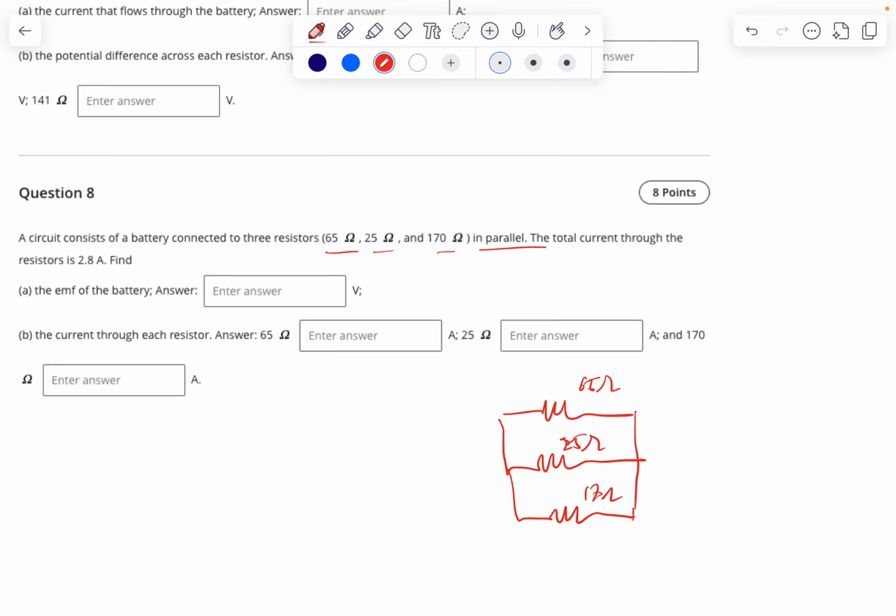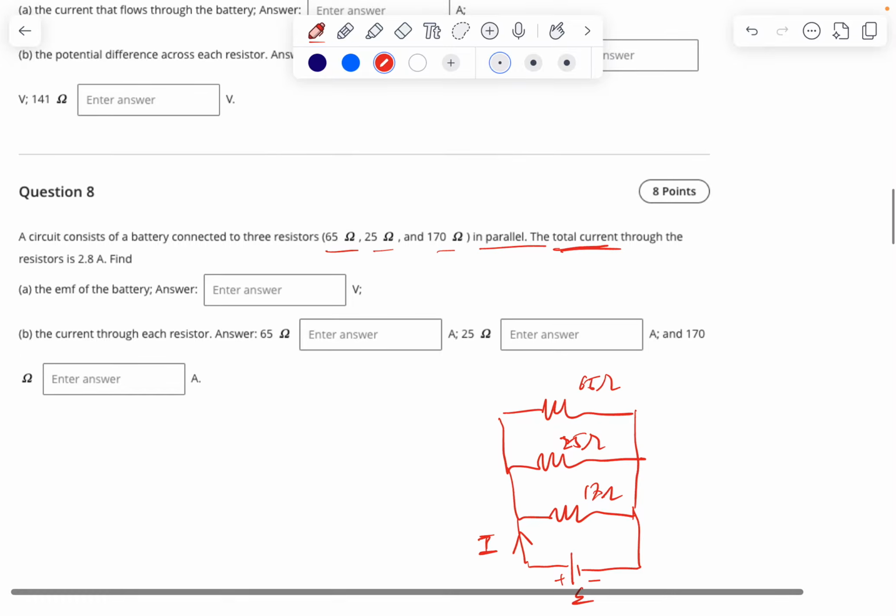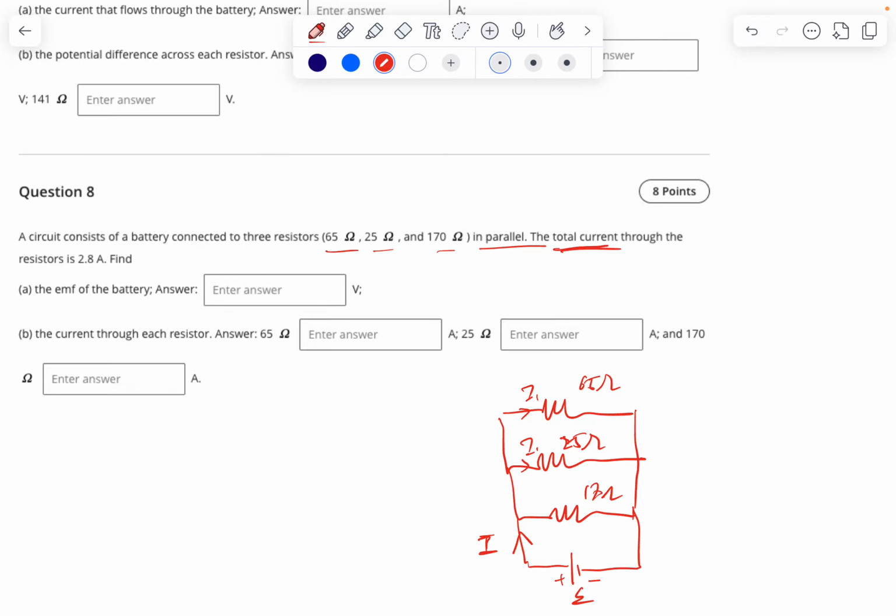The total current through the resistor is 2.8 amp. Here, the total current, what does it mean? You connect to a battery, right? The total current is the current from the battery. It's called total current, and this current equals I1 plus I2 plus I3.